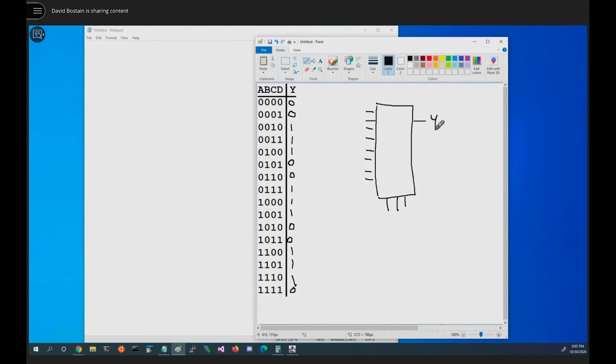Y pops out over here. We know these are A, B, and C. What should we hook to those lines? See if you can figure it out, and then we'll talk about it.